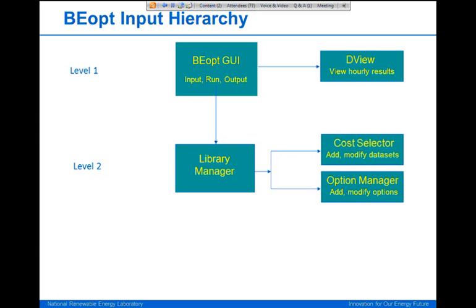So, for example, if you wanted to define a different thermostat schedule to use, or a wall construction option that had different properties than any of the options available in BOPT, you could create new options and add them into the software, or you could modify options that are currently in there.